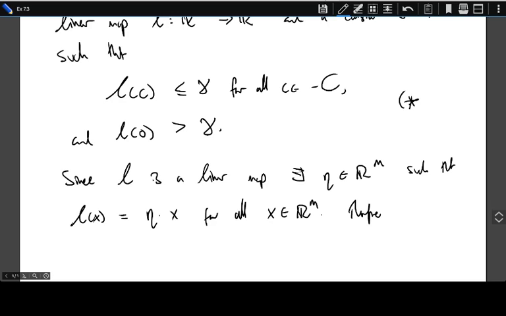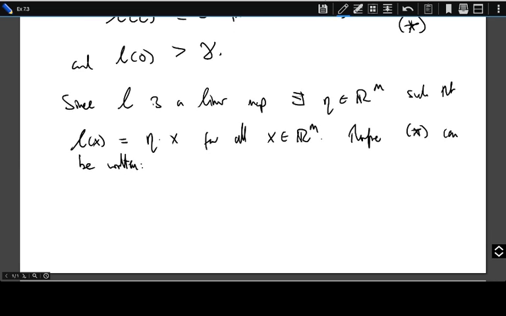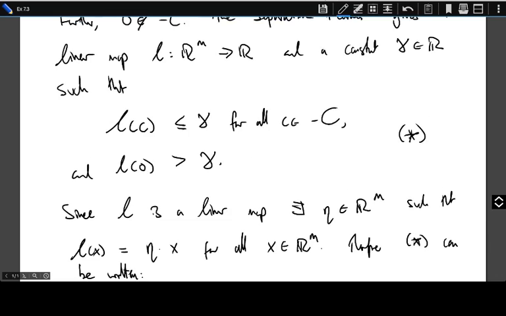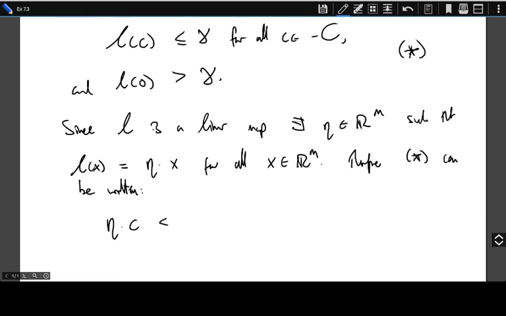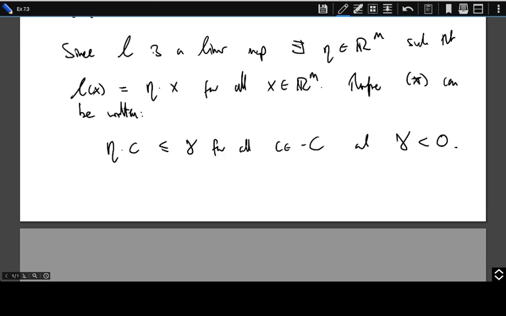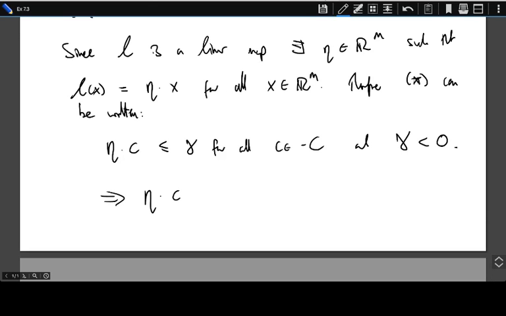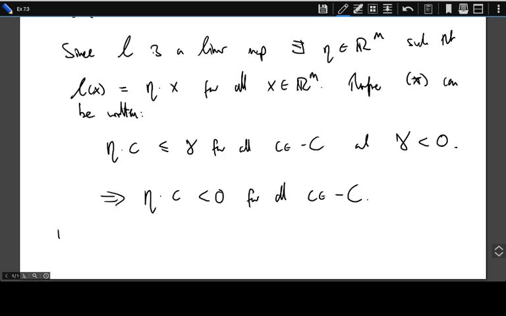Therefore, if we call this equation up here star, star can be written eta product C is less than or equal gamma for all C in minus C, and gamma is less than 0, which immediately gives that eta product C is less than 0 for all elements of minus capital C. This is for this one particular value of eta.